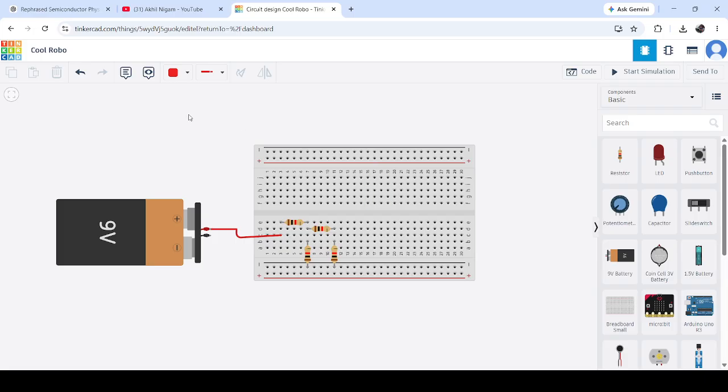Now we will connect the negative polarity with the connection of resistances R2 and R4. So this is R1, this is R2, this is R3, and this is R4.